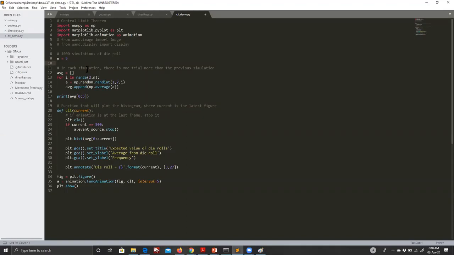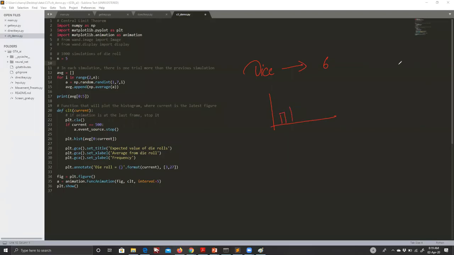There's a dice roll. How many sides does the dice have? 6. My point is, I will take them in increasing order.